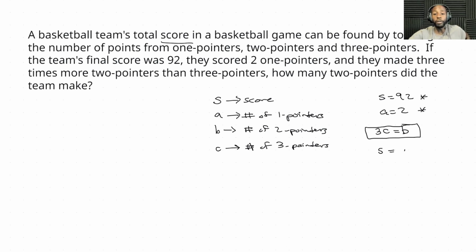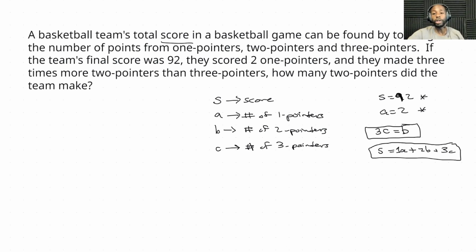So it's going to be the number of 1-pointers times 1, because if you multiply the number of 1-pointers times 1, that gives you the total score from 1-pointers, plus 2 times the number of 2-pointers, plus 3 times the number of 3-pointers. Okay. Now we have our 2 equations. We have 2 unknowns, B and C, because we already know what S and A are.